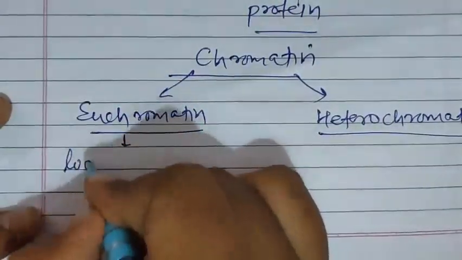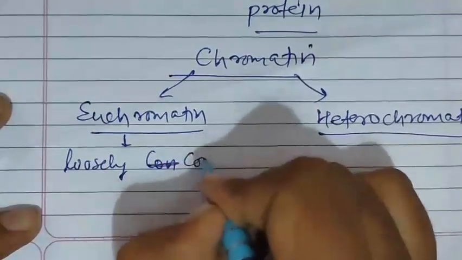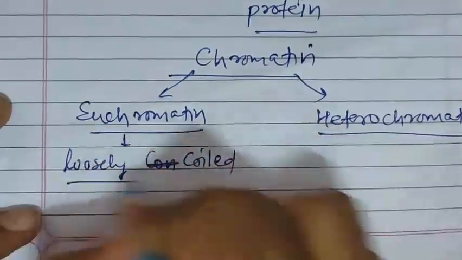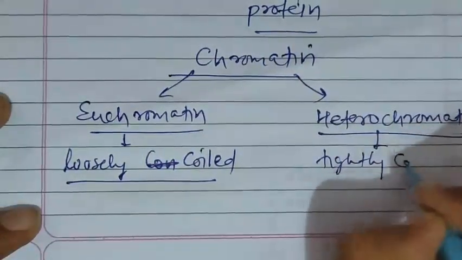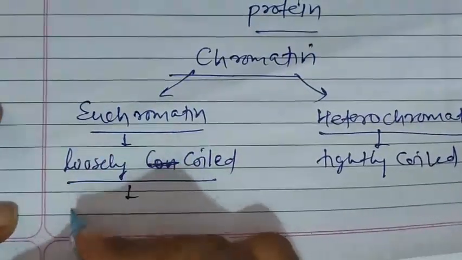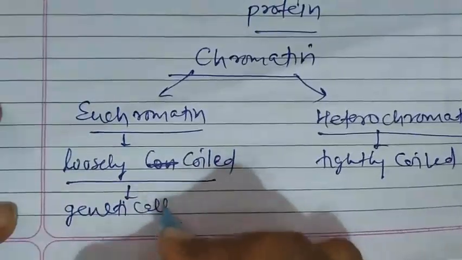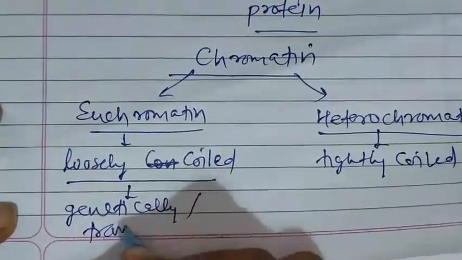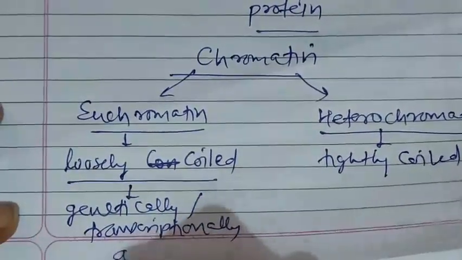Euchromatin is loosely coiled chromatin and heterochromatin is tightly coiled. So euchromatin is genetically or transcriptionally active. Why?